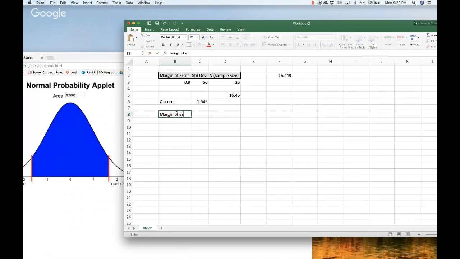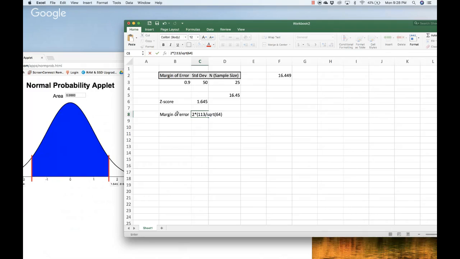Alpha is... okay, so that's going to be 2 times the 113 divided by the square root of 64.